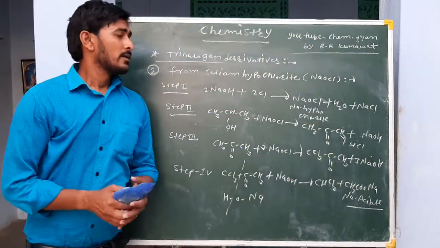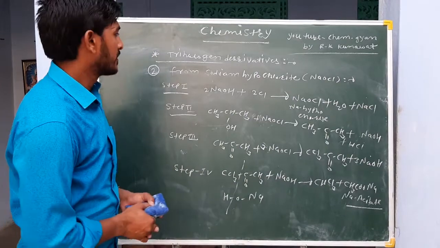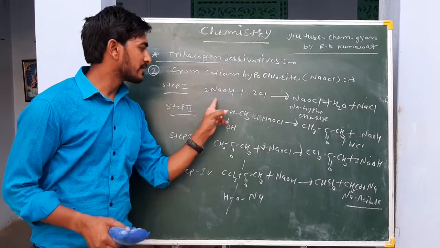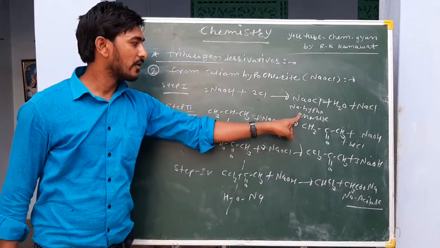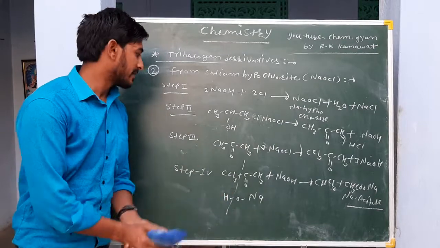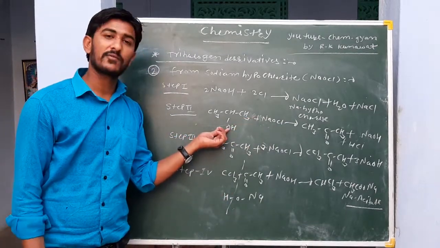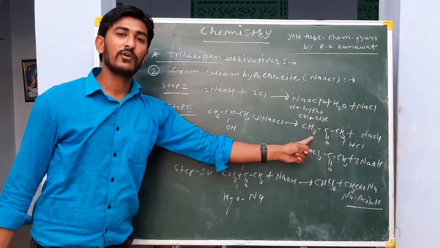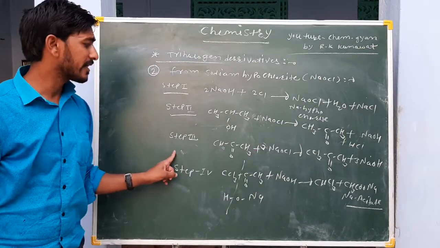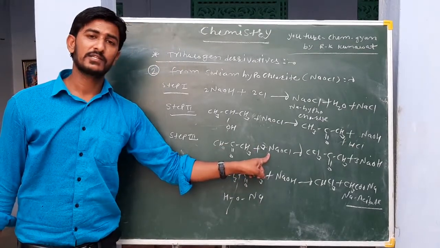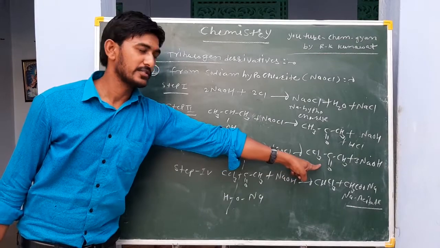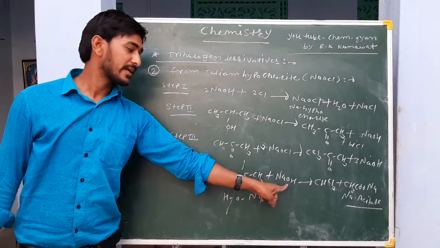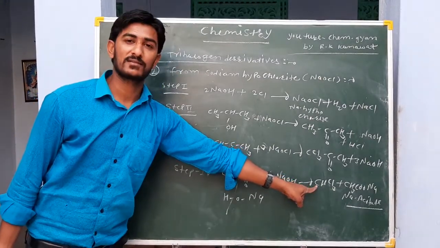So, second reaction of sodium hypochlorite: step first NaOH reacts with nascent chlorine and sodium hypochlorite is formed, and second step sodium hypochlorite reacts with secondary alcohol and removes NaOH and HCl, and acetone is formed. Acetone reacts with 3 molecules of NaOCl and trichloroacetone is formed. And last step trichloroacetone reacts with NaOH or KOH and chloroform is formed.